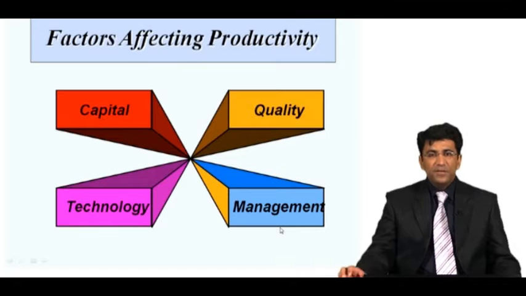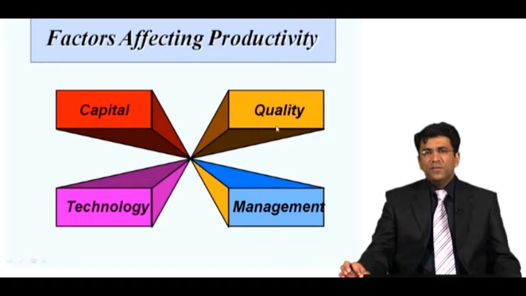Then the management style and management activities, the way the manager is performing the different activities, that is also very important. So of these 4 factors, capital, technology and management are related to the input part of productivity, and quality, that is the quality of the output, is related to the output part of productivity.